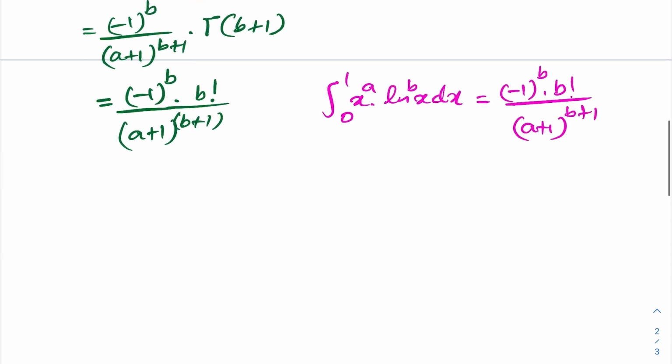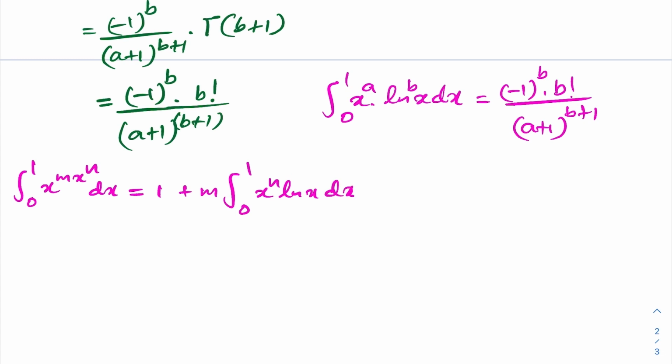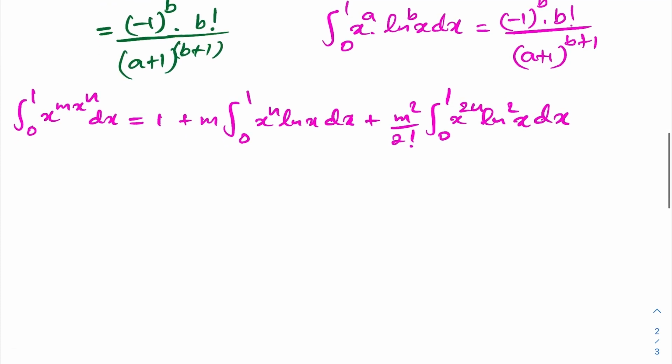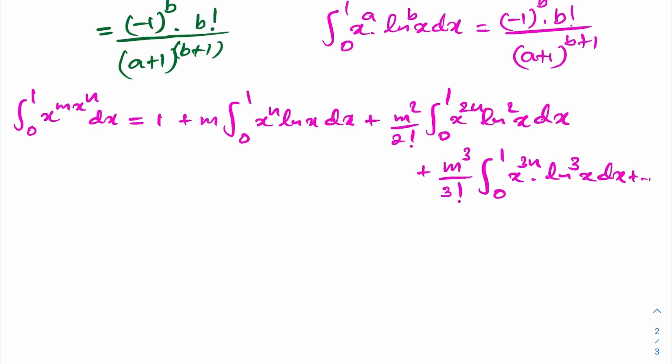So integral from 0 to 1 of x raised to the m x raised to the n dx is equal to integral from 0 to 1 dx, we know, plus m times integral from 0 to 1 x to the n natural log of x dx, plus m square over 2 factorial integral from 0 to 1 x to the 2n natural log square of x dx, then again plus m cube over 3 factorial integral from 0 to 1 x raised to the 3n times natural log raised to the 3 power of x dx, plus so on.